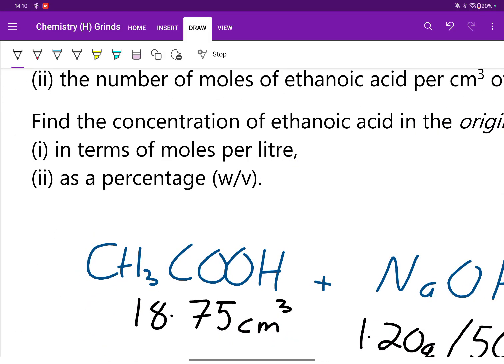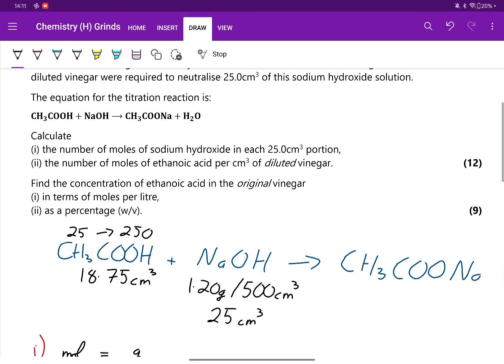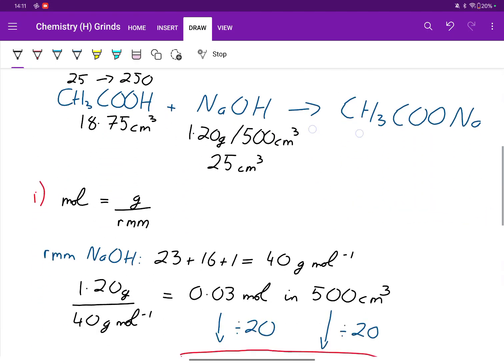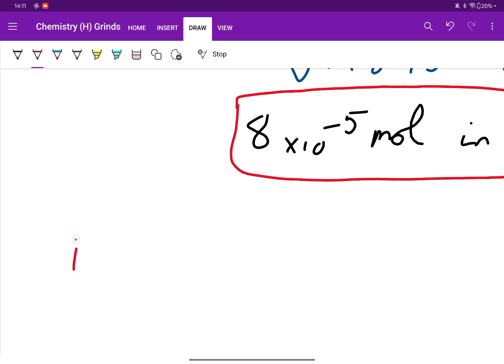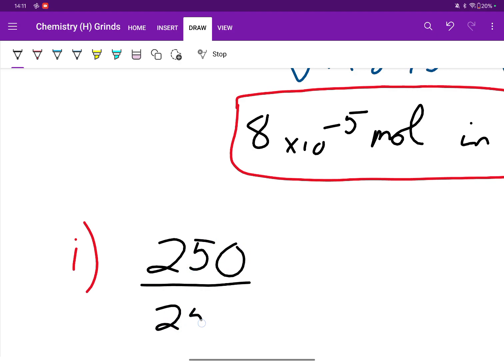So 25 was diluted to 250. First things first, we'll get what's called a dilution factor. And that is the new volume over the original volume. And that's a factor of 10.